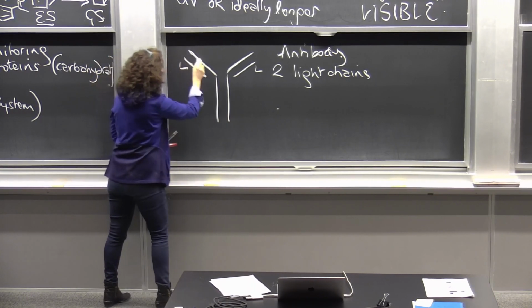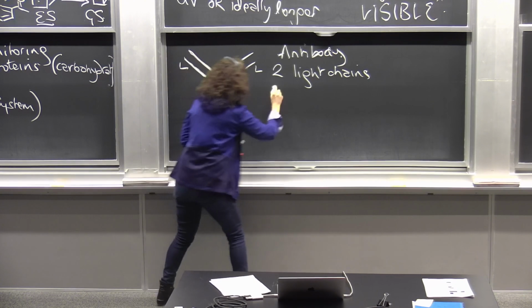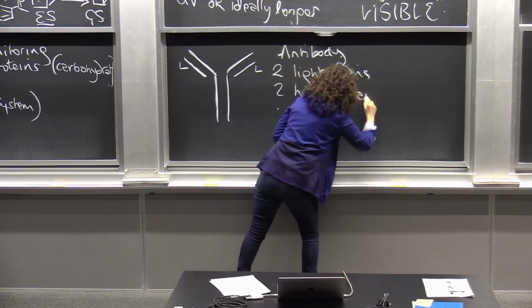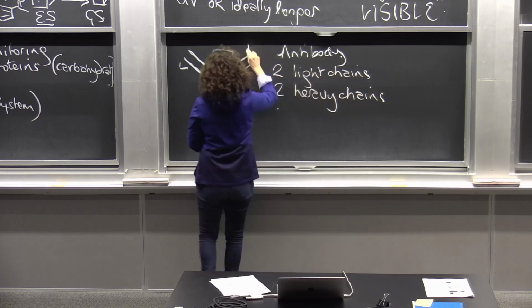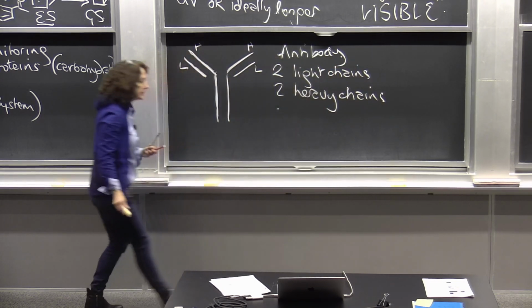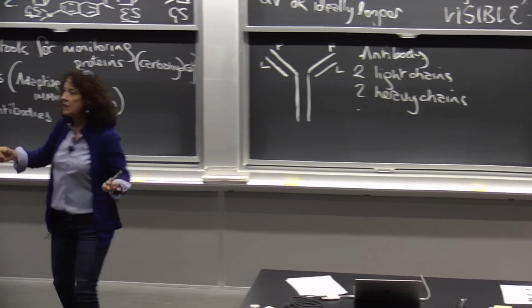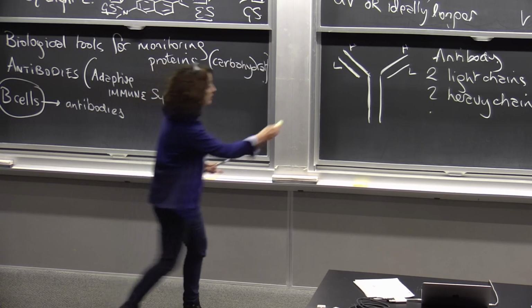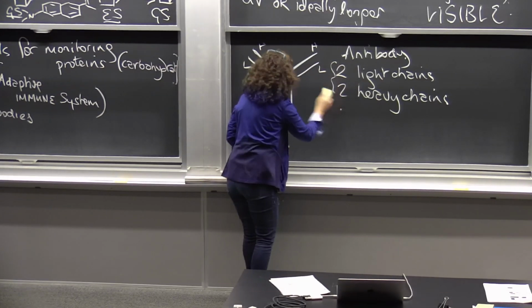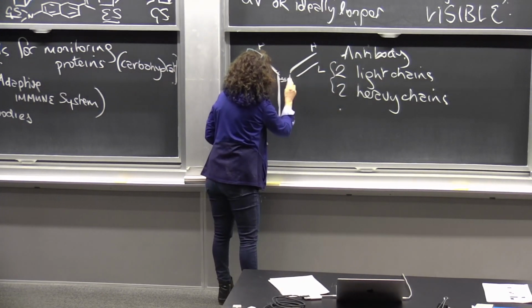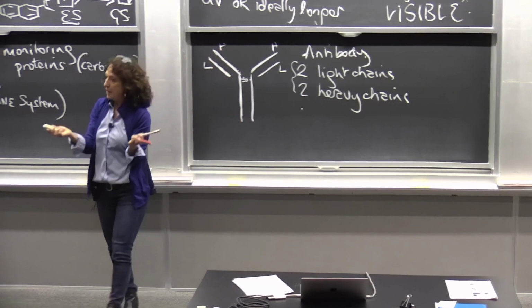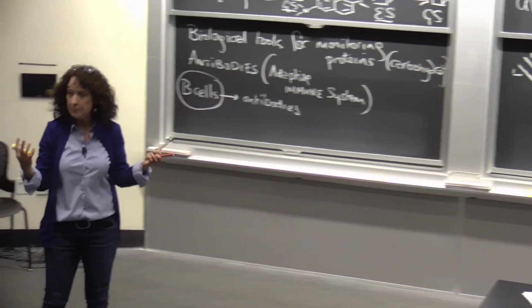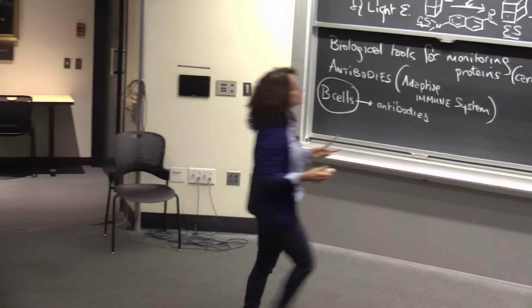These are just polypeptide chains, and there are two heavy chains. All right, so that's their basic structure. It's held together in a stable quaternary structure with this complex, and there may be disulfides across and throughout the structure. Now, what's so special about antibodies? They're pretty big molecules. The molecular weight is pretty high.